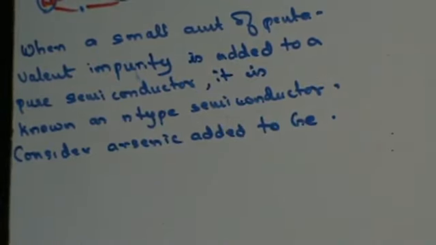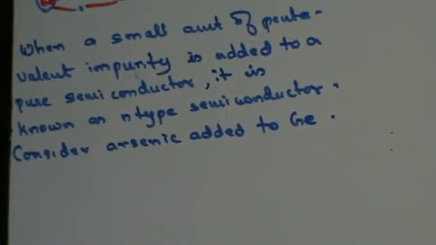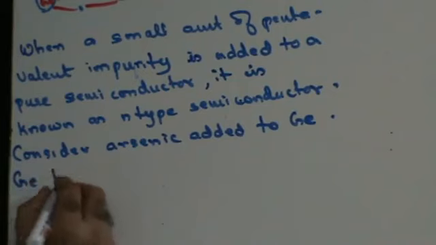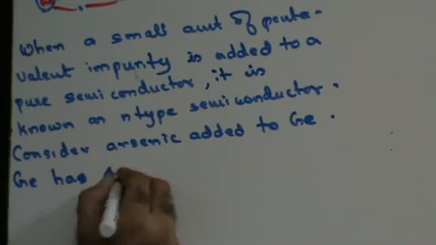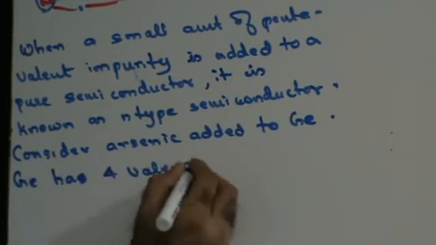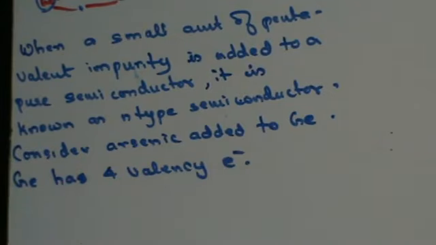Now germanium has 4 valency electrons. When a small amount of pentavalent impurity like arsenic is added to germanium crystal, a large number of free electrons become available.